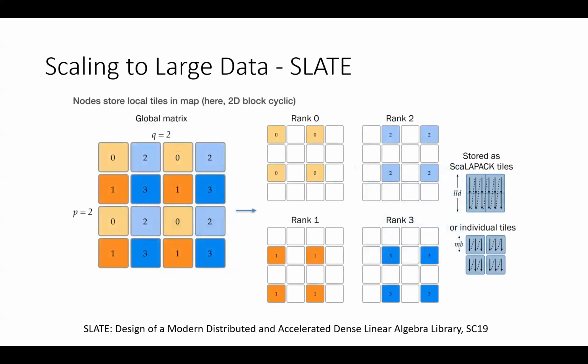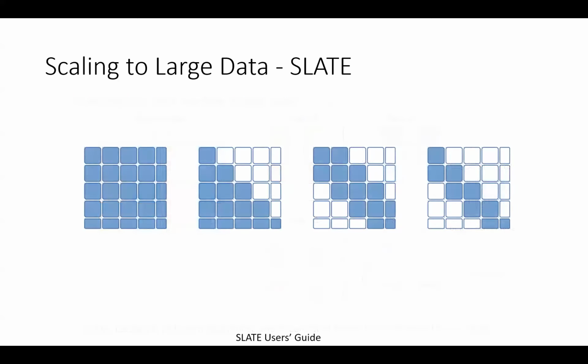So here's an example of a dense matrix tiled and stored across 4 processes that we refer to as ranks. Each rank only stores a subset of the tiles that are required, and those are distributed across nodes or however you decide to set up your ranks with the message passing interface. This concept can be extended to efficiently store triangular, banded, diagonal matrices, whatever you're looking for.